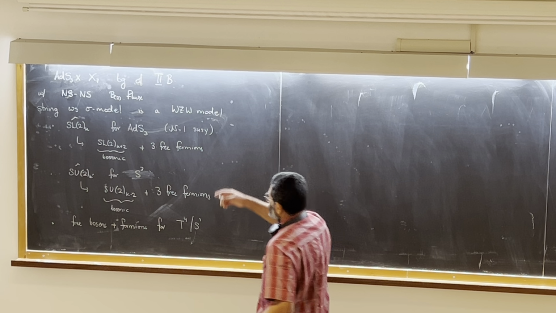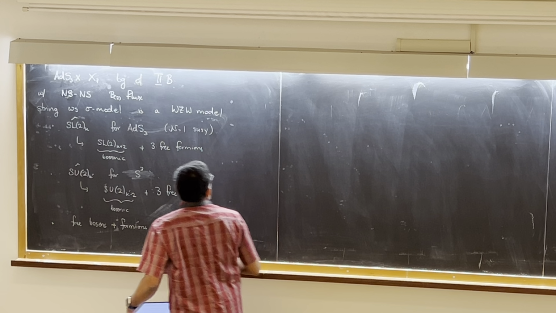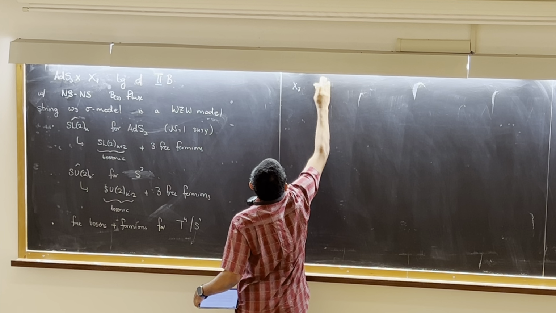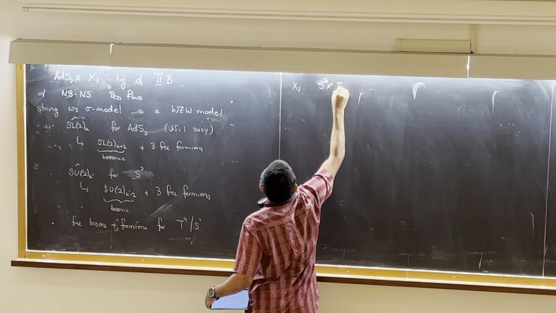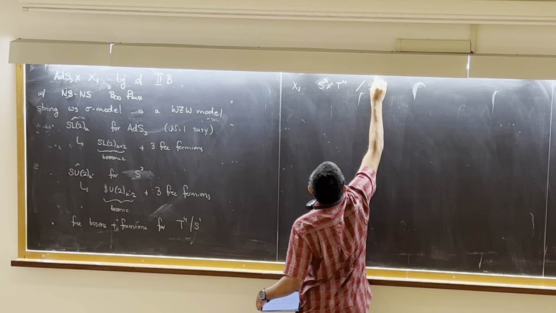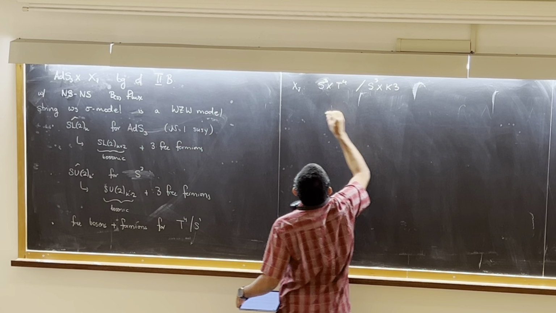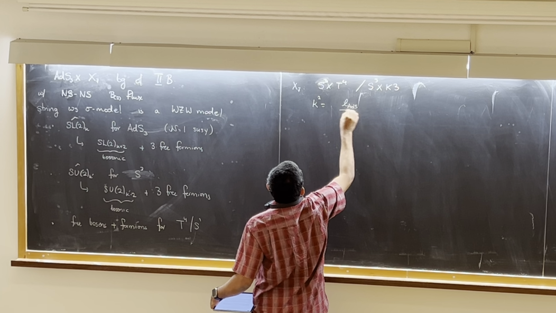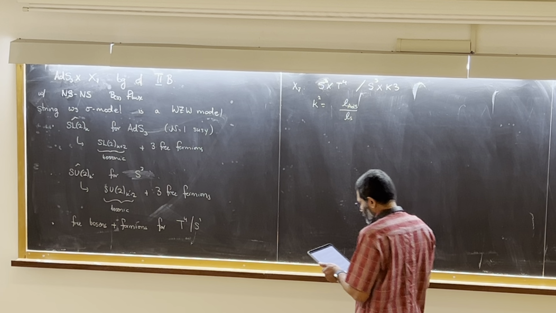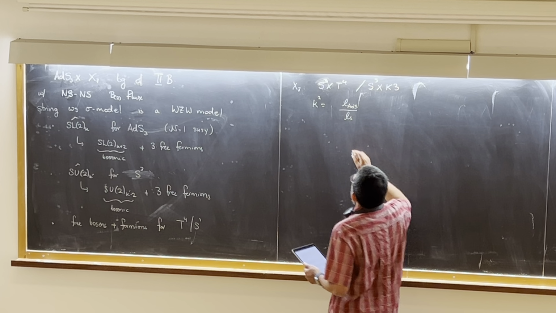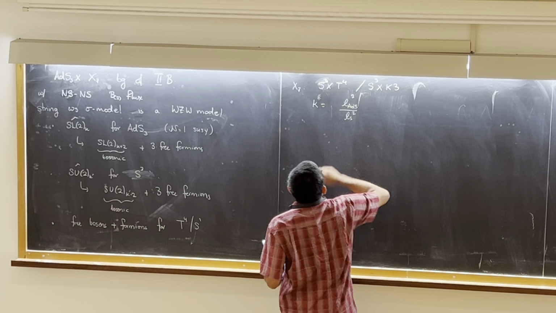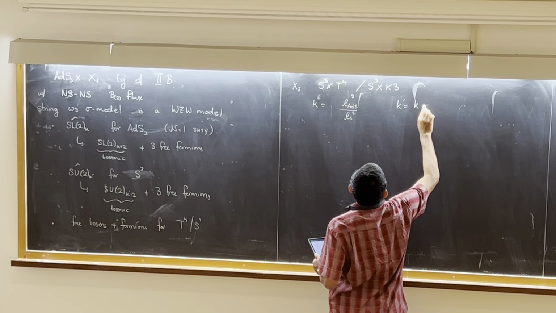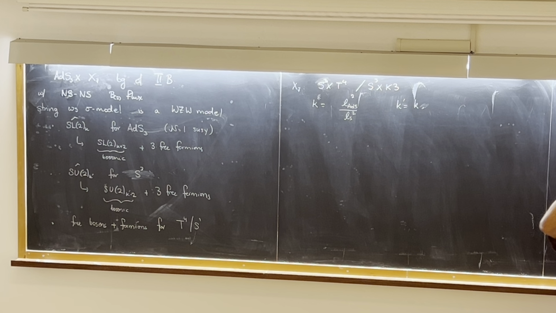So what are these parameters K and K prime? Sorry, this is K prime. So if X7 is S3 cross T4 or S3 cross K3, K is the radius of AdS squared in string units squared, and K prime in this case is equal to K because the size of the AdS3 and the size of the S3 are the same.